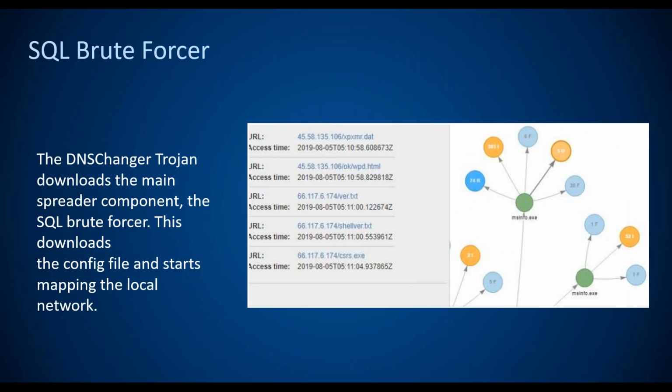And one of those is the SQL brute forcer, depending on how you want to pronounce this. The SQL brute forcer, as its name implies, tries to break into Microsoft SQL. So if you have Microsoft SQL running on that machine, it will break into that. It's using brute force passwords. It will get in.